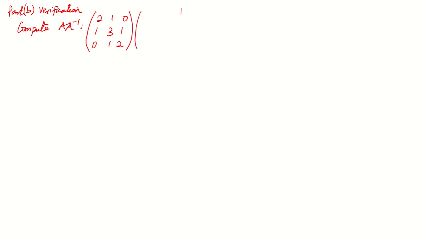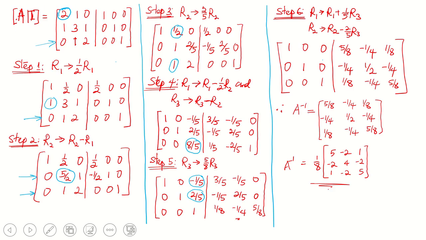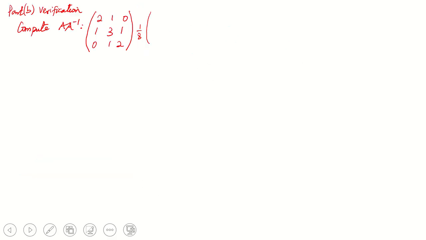And the inverse we obtained is 1 over 8 times the matrix 5, minus 2, 1, minus 2, 4, minus 2, 1, minus 2, 5.